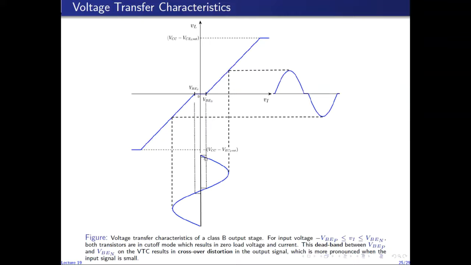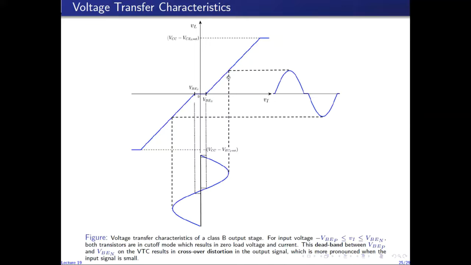As soon as VI becomes greater than this value of 0.5 volts or so, VL becomes equal to VI minus VBE of N. So we get a linear relation, and since this relation is linear, beyond this time the output curve matches the shape of the input curve.